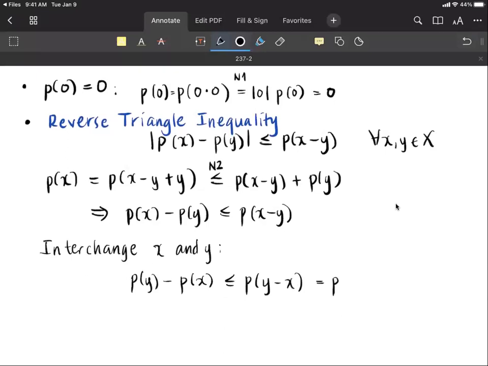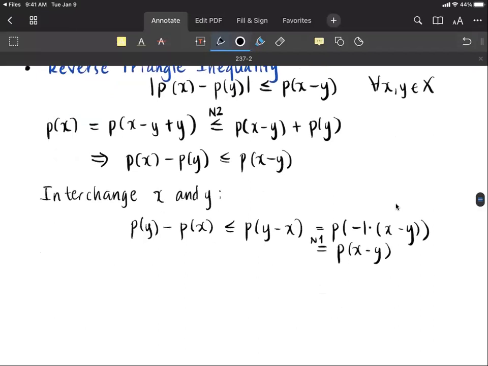Okay, here we can write this as p of -1 times x minus y. And if you apply the homogeneity, this one here is equal to p of x minus y. So that is N1. And from these inequalities, let's say this is inequality 1 and inequality 2, inequality 1 and inequality 2 imply the reverse triangle inequality.